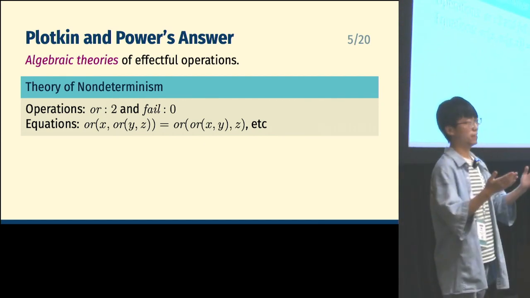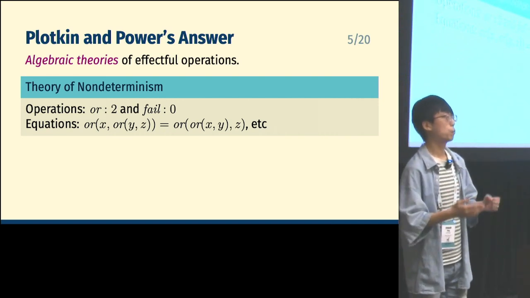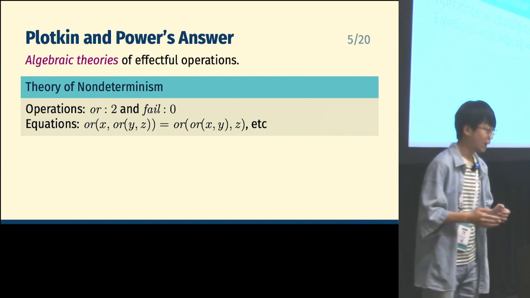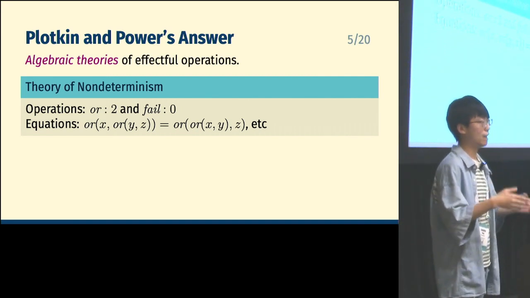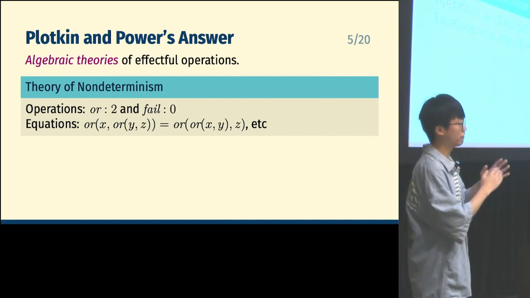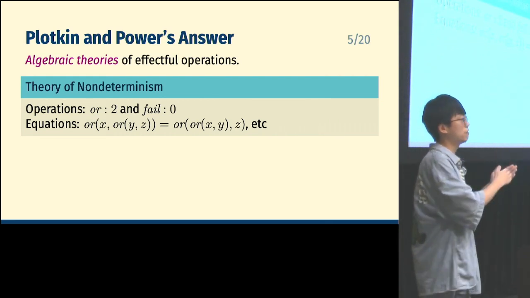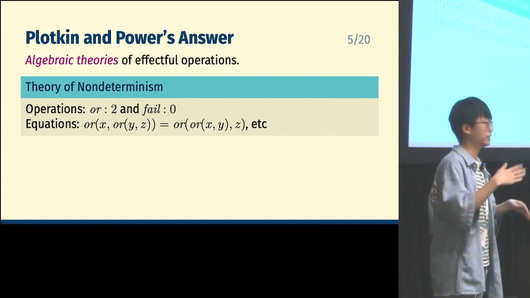You may know the algebraic theory of monoids, which has two operations, a binary operation and a nullary operation, and the equations say that the binary operation is associative and so on. So here the perspective is that we should understand monads by thinking about the algebraic theories of their operations.